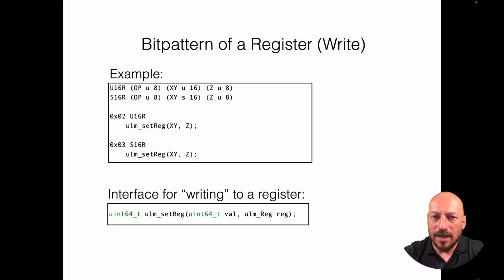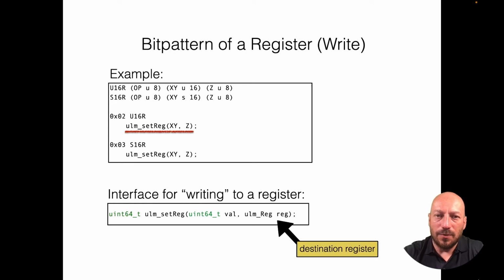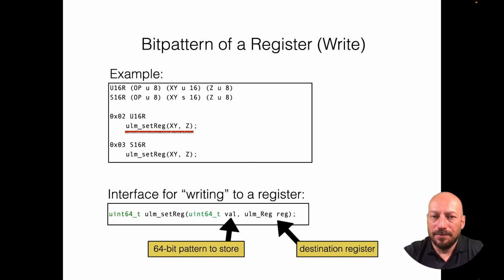In both cases, I'm using this setReg function. And if you look at the interface, you see this function requires for identifying the register this ID which should fit into 8 bits, and for the bit pattern 64 bits. So in between, this extension needs to be done.